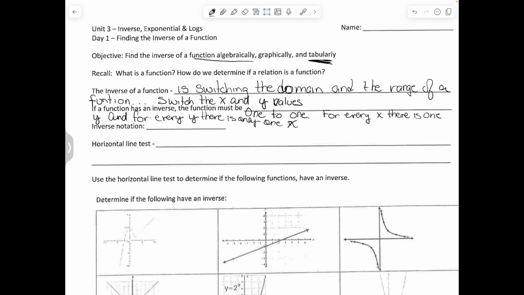So we have what we call inverse notation, and it looks like this. f to the negative 1 of x is what we call the inverse of f of x. A function being 1-to-1 is determined by the horizontal line test.